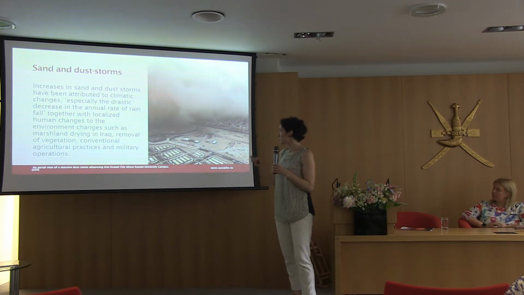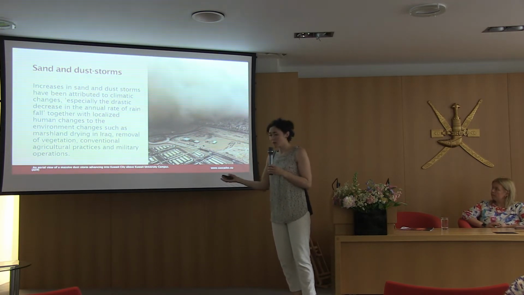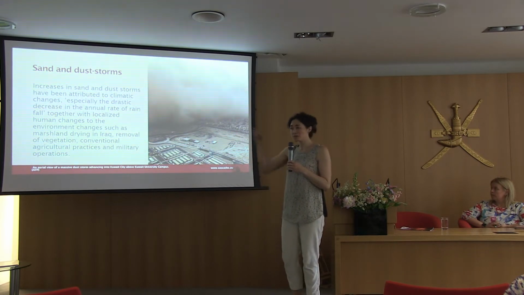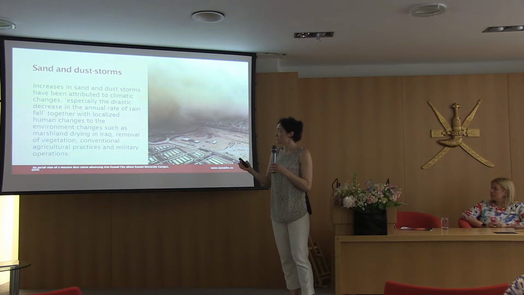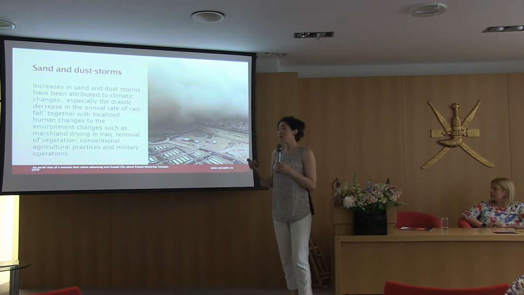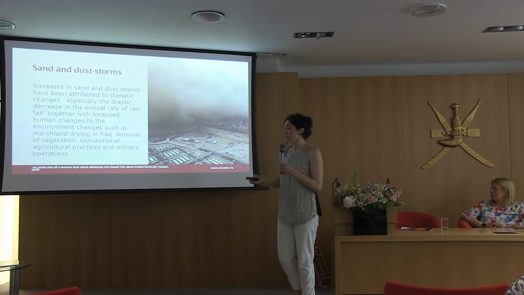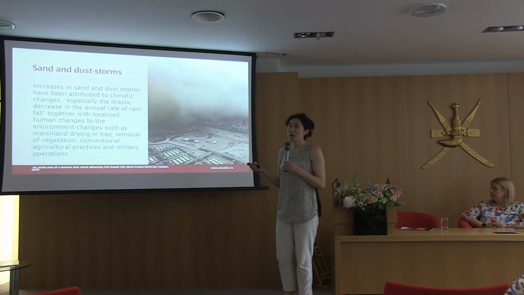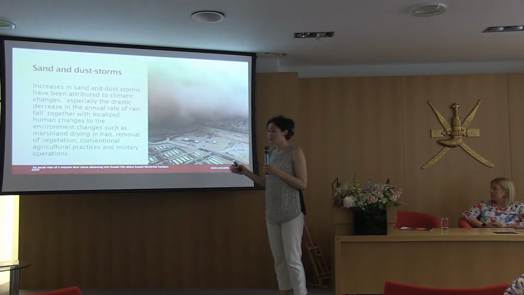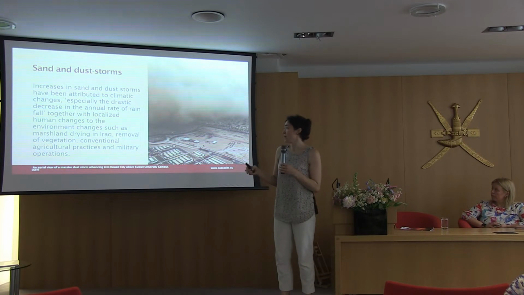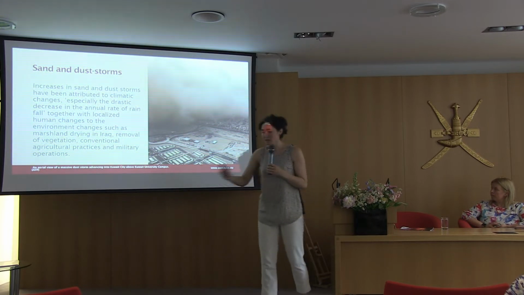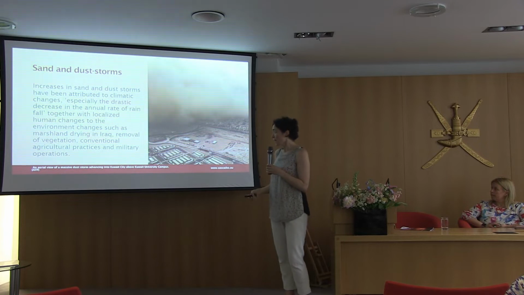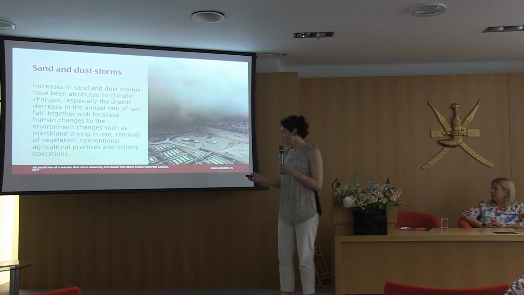Climate change plays a role because of maybe the strength of the wind, because of the warming, but you can very much see it as a compound risk together with localized changes to the environment, poor management of water, damming, so there's less water and less moisture, drying soils, removal of vegetation. In Iraq, which has suffered particularly badly from these, it's also military operations that have tended to compact the ground and the drying of the marshlands.